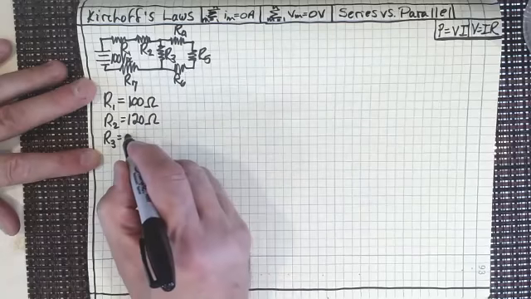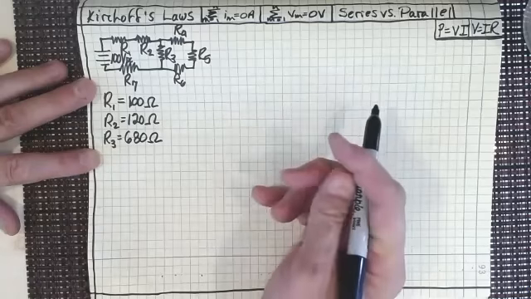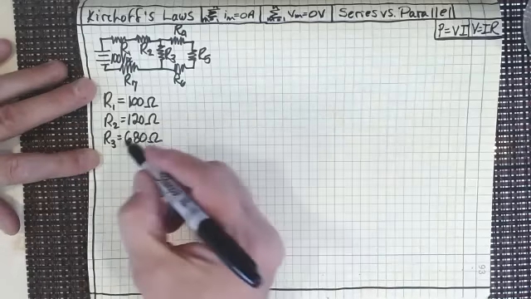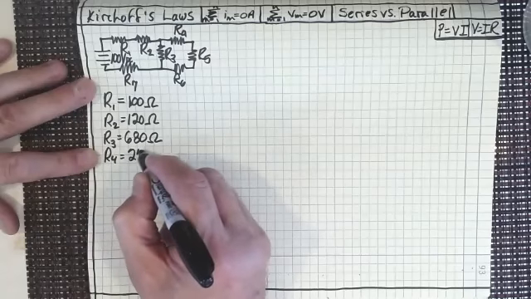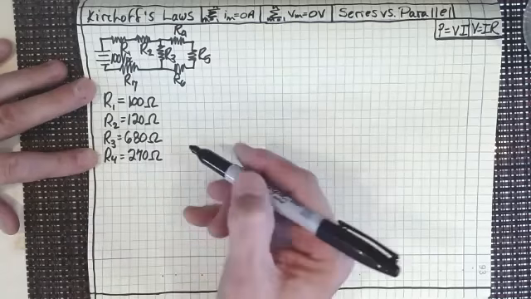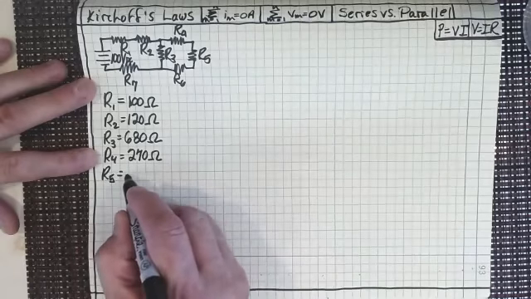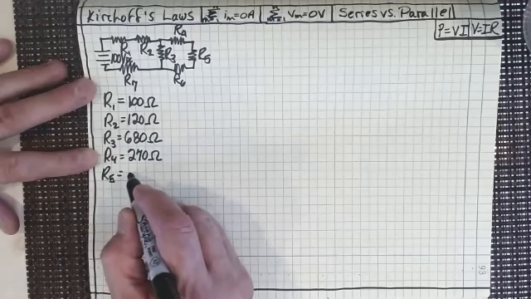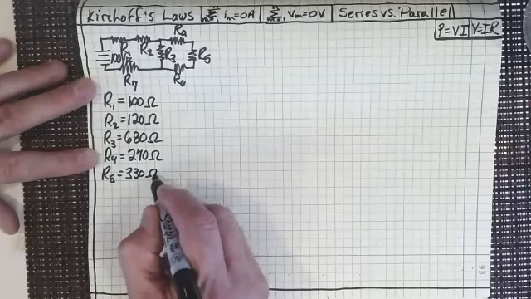So, I'm going to say that R3 is 680 ohms. And then R4 is 270 ohms. R5 is going to be, let's say 330 ohms.